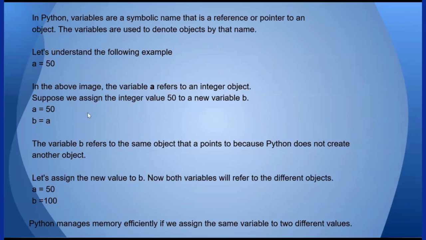If you have to assign one variable's value to another variable, you can see A equals 50, B equals A. So 50 is assigned to A and A is assigned to B. That means the value of A is 50, so the value of B will also be 50. So you can see the right hand side is always the value and the left hand side is the variable.